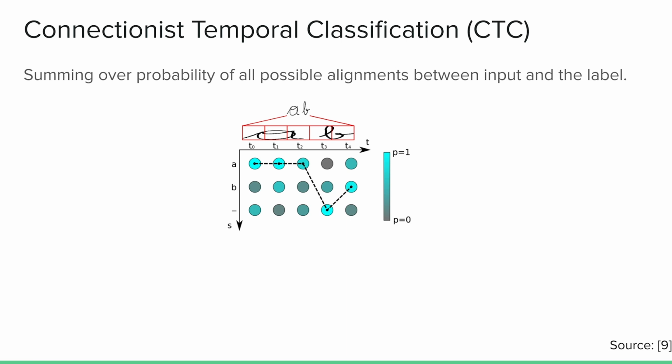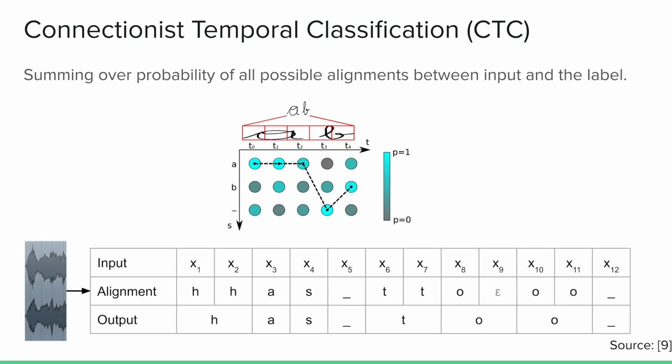Basically, what we're doing here is we're aligning them in the most probable way. We're saying what is the most likely combination here of this sequence. For audio, think back of the sentence, "has too many cats."